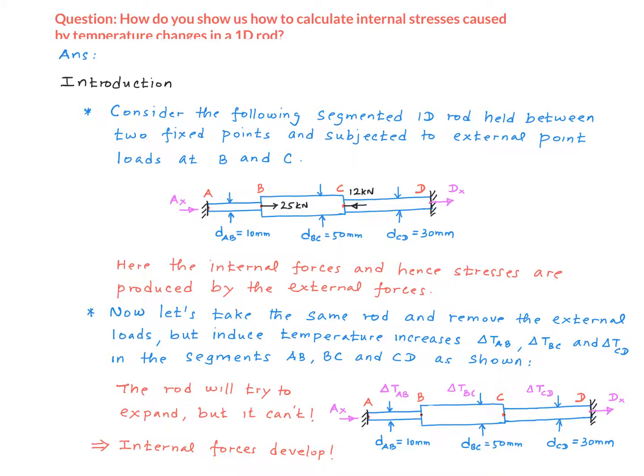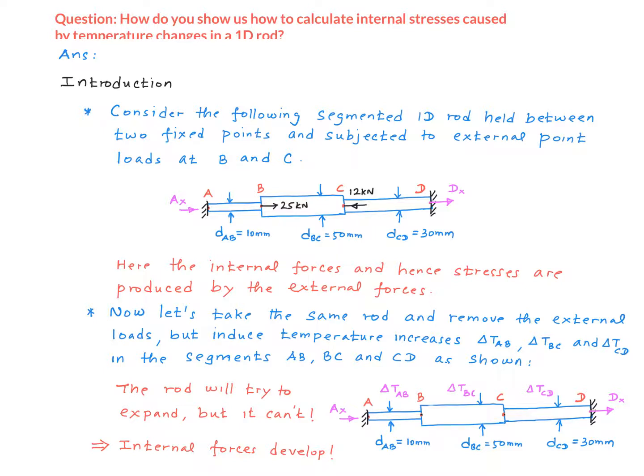Now let's take the same rod but remove the external loads, 25 kilonewton and 12 kilonewton. But we're going to heat this up. Let's say the temperature of segment AB increases by delta T_AB, temperature of segment BC increases by delta T_BC, and CD increases by delta T_CD. So what will happen? Each segment will try to expand, and therefore the overall length of the rod will try to increase.